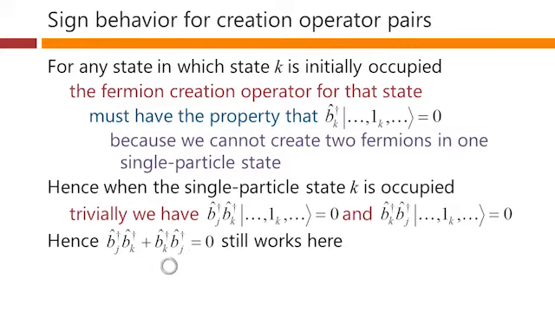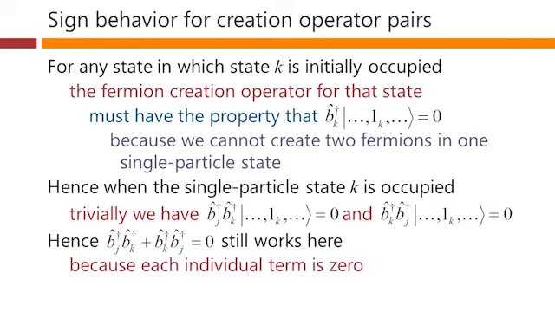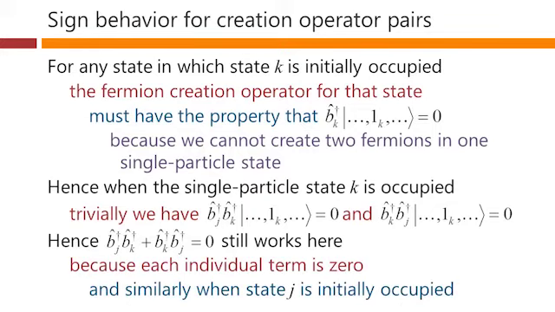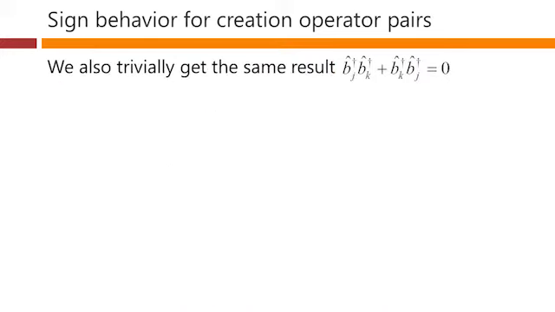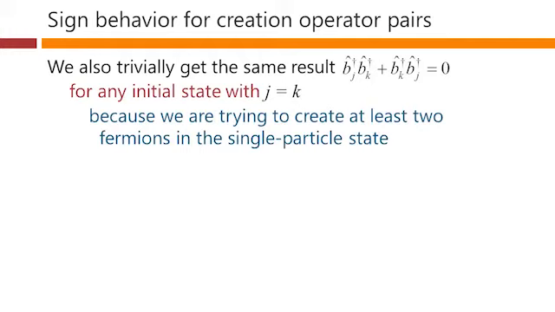Hence, writing this expression down still works here because each of these terms gives us 0. So adding the two of them together gives us 0. This works for both the J states and the K states, of course. We also trivially get the same result for any initial state with J equal to K, because we're trying to create at least two fermions in the single particle state, which we can't do, and 3 if this state was already occupied.